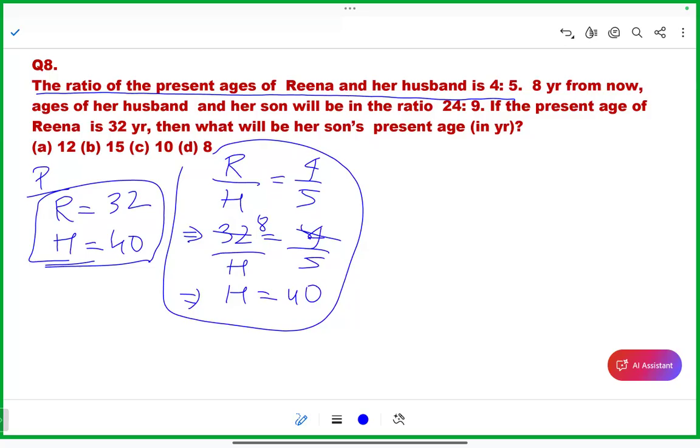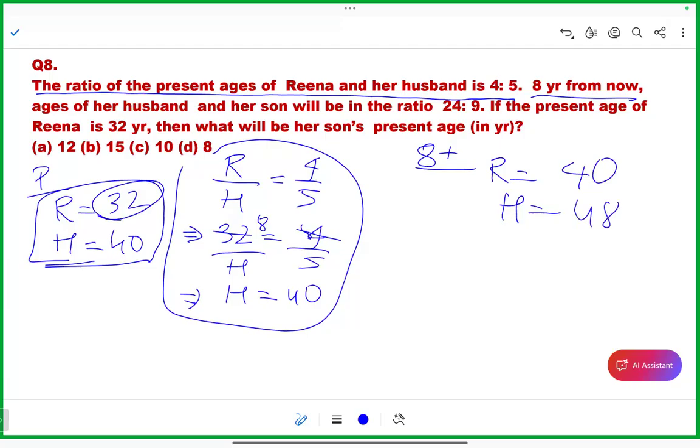Okay? So from there, now 8 years from now, Rina was 32 before, so it will be 40. Husband will be equals to 48. But then 8 years from now, husband and her son is 24 is to 9.